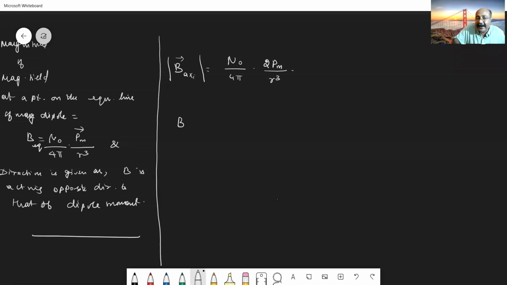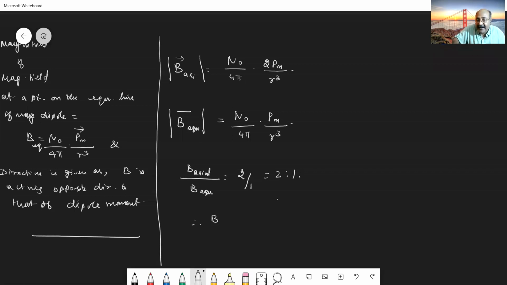Here we have calculated the magnetic field along the equatorial line. The magnitude of the magnetic field at a point along the equatorial line is given as mu0 divided by 4 pi into pm divided by r cube. So when you consider the ratio of the magnetic field at a point along the axial line to that of the equatorial line, the ratio is equal to 2/1, or 2:1.